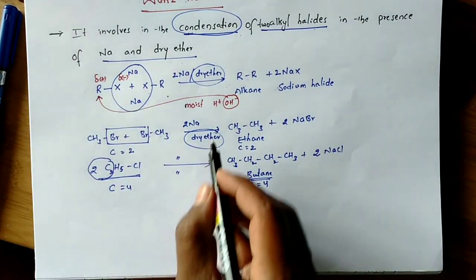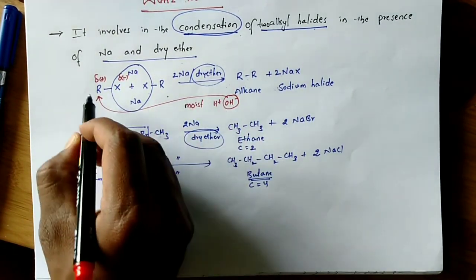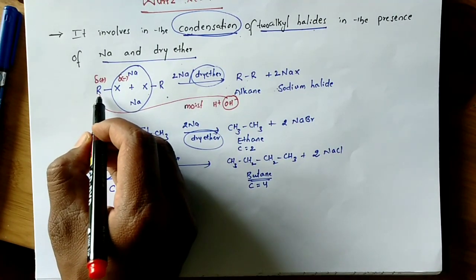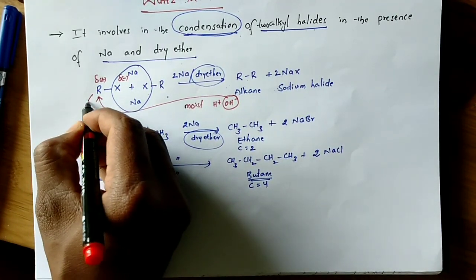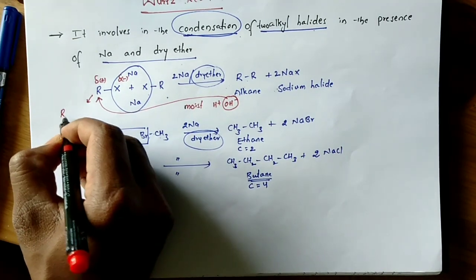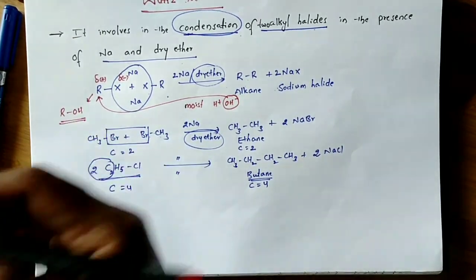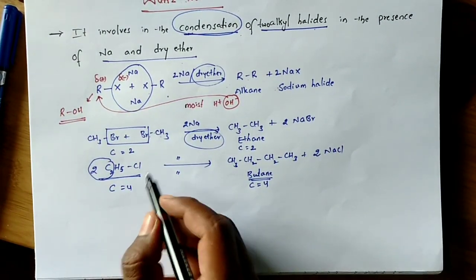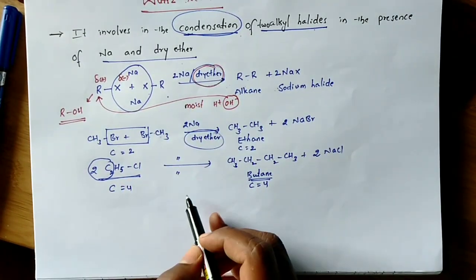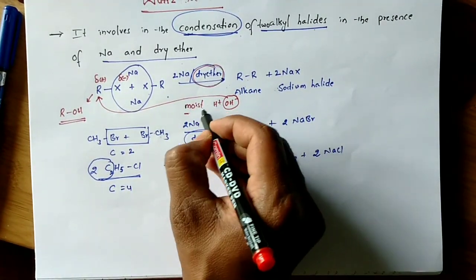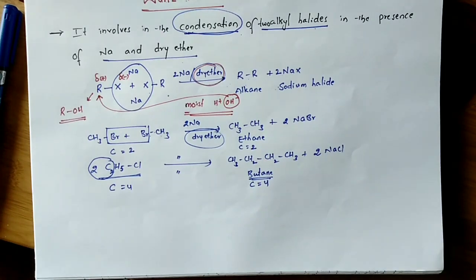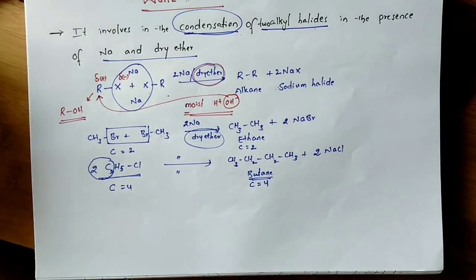So the OH group will attack the alkyl group and there may be formation of alcohol. To avoid the formation of alcohol, we take dry ether instead of wet ether. Clear?